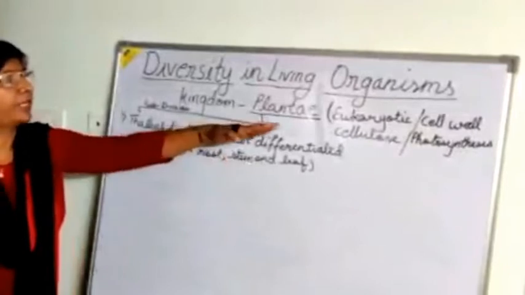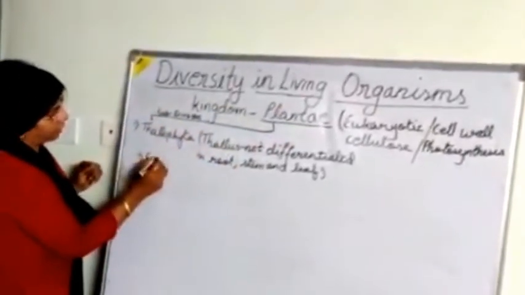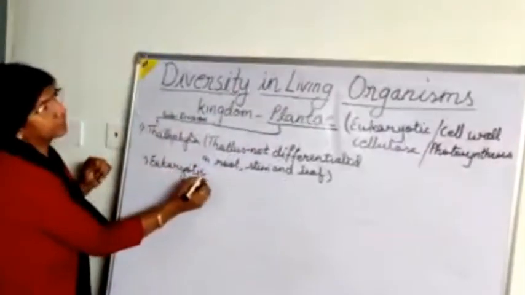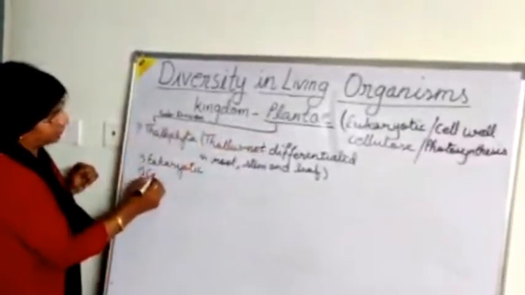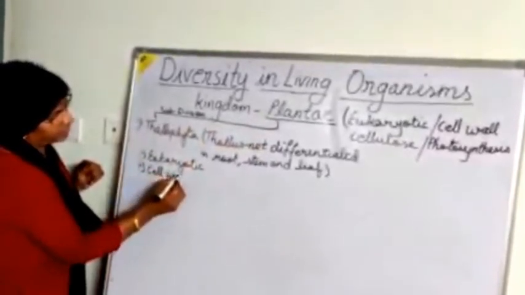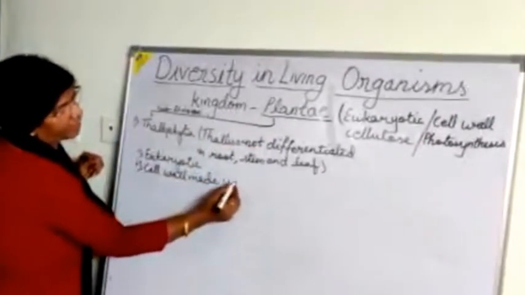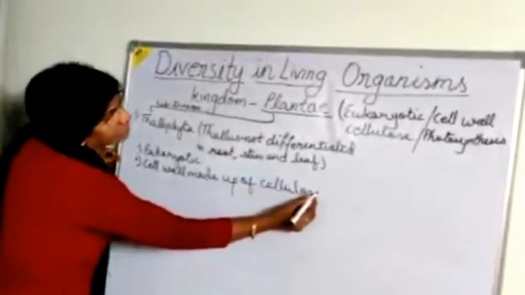So the first property we are getting from here is that it is eukaryotic. Okay, number two is what? The cell wall is present, made up of cellulose.